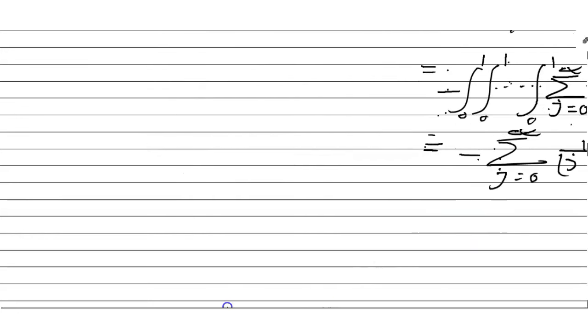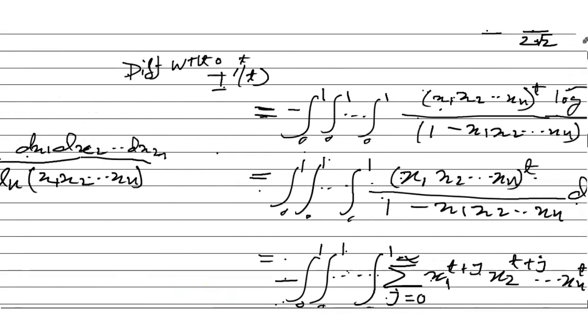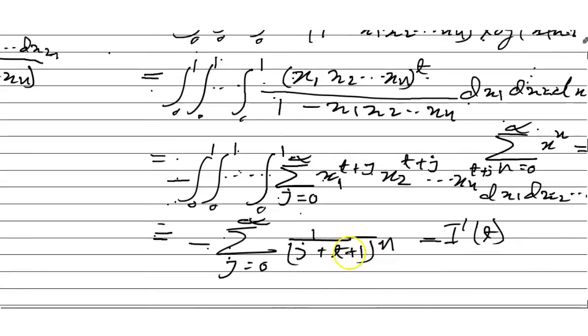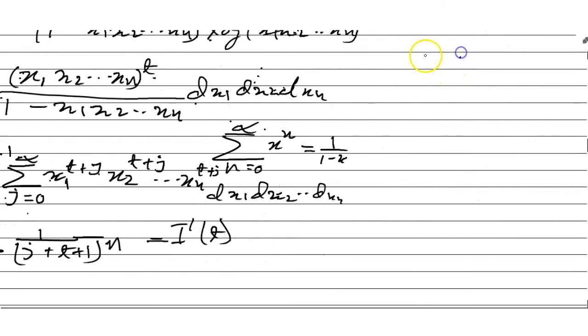You can see that, friends, I have already written that it is equal to this, and after that I am going to solve I dash t by integrating with respect to t. So whatever I get, 1 by n minus 1, because how, friends?